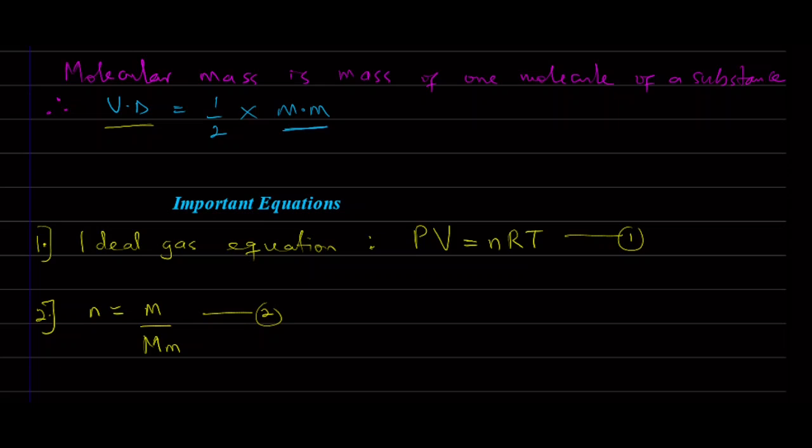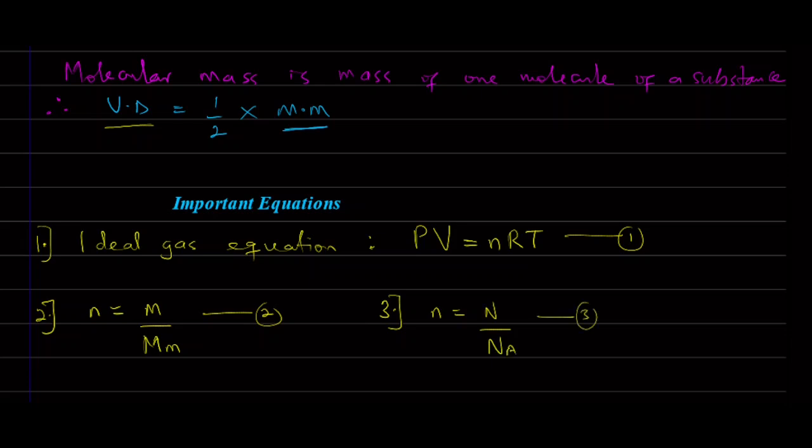After getting the number of moles, we can use this to get the molecular mass and solve for vapor density. Sometimes the question will only require us to solve for the mass or the molecular mass without even solving for the vapor density.